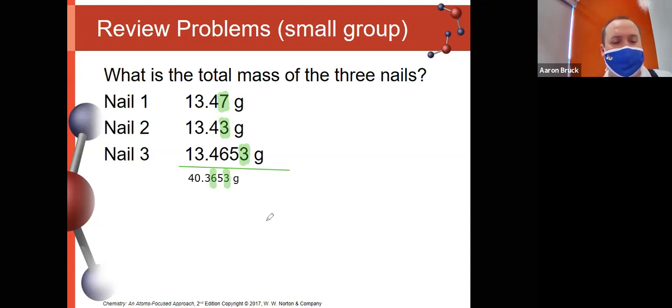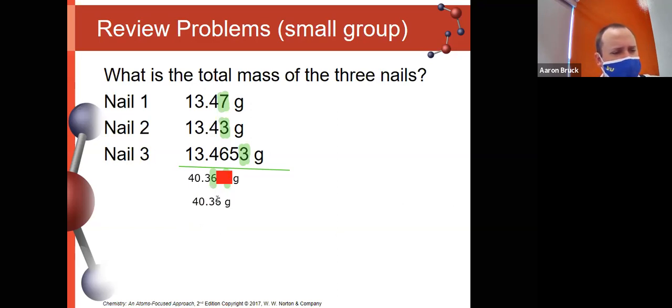Everything to the right of the 100ths place is what we're ultimately going to have to eliminate, because those digits are all uncertain as well, and we need to limit our uncertainty. So the answer that we would actually report for this is 40.36 grams.